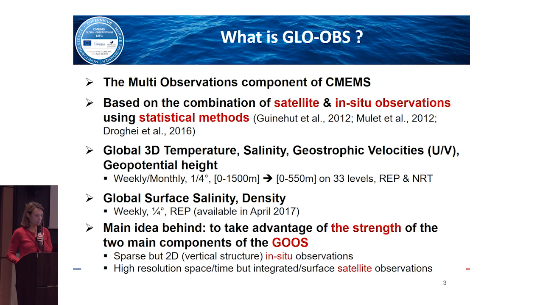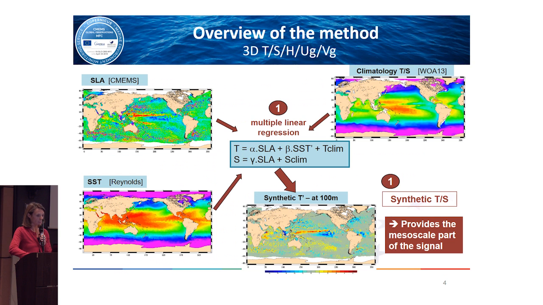And the main idea also is to stay very close to the observations. So we will see in a minute with the description of the method that we're going to use observation from the in-situ TAC that has just been presented by Tanguy, and also from the sea level TAC that has just been presented by Yanis, and also from sea surface temperature that will be presented afterwards by Simon.